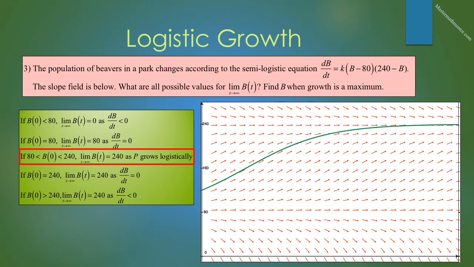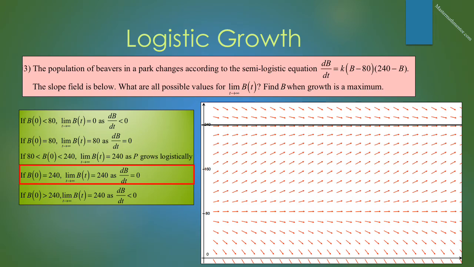Suppose the initial number of beavers is a number between 80 and 240. Then the number of beavers grows according to our logistic S-shaped pattern, and therefore the limit of B(t) as t approaches infinity is equal to 240.